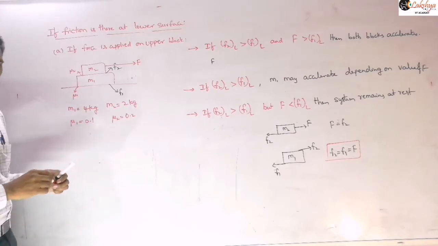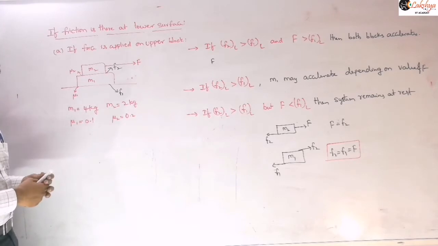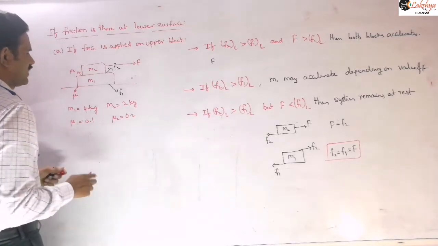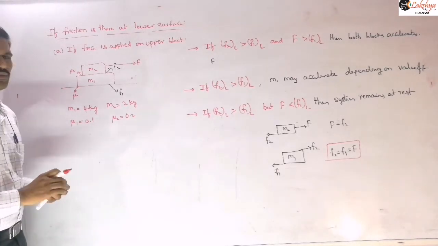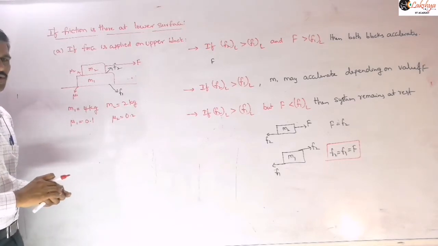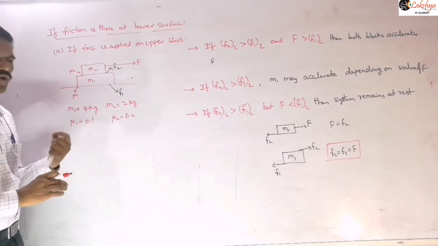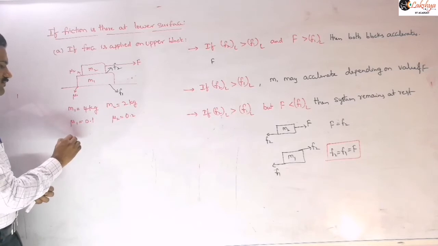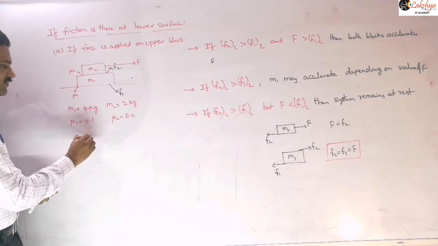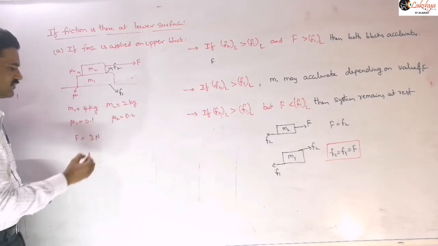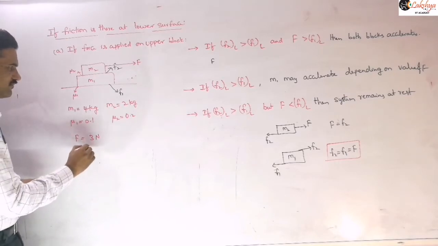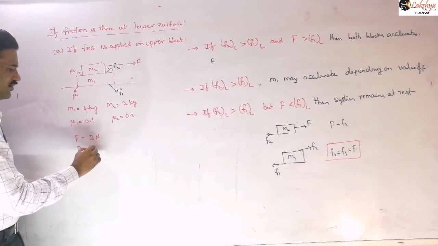In the system shown in figure, find acceleration of blocks M1 and M2 and frictional force between all contact surfaces when applied force is say 3 newtons and when applied force is 10 newtons.